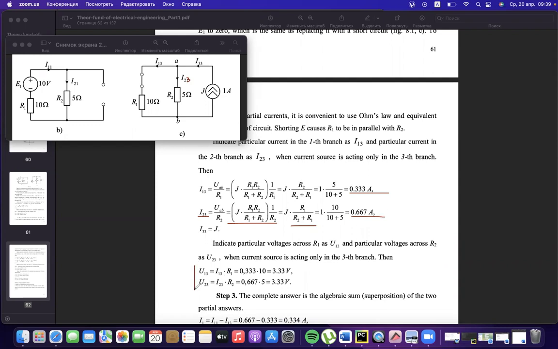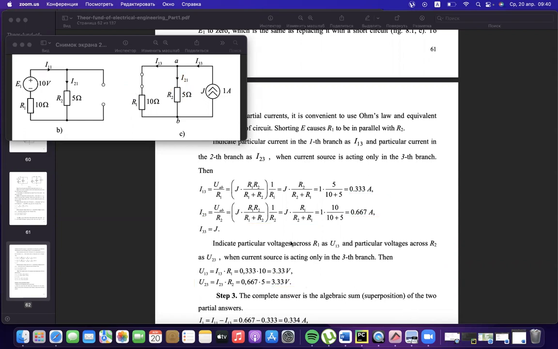After this current, we could find voltages. Voltage about 3 volts per each resistor. It means that voltage AB equals over 3 volts, approximately 3.33.